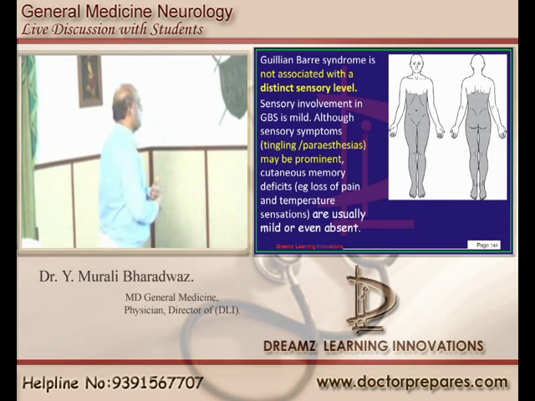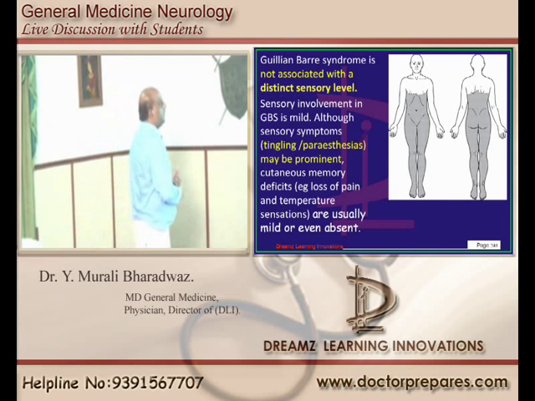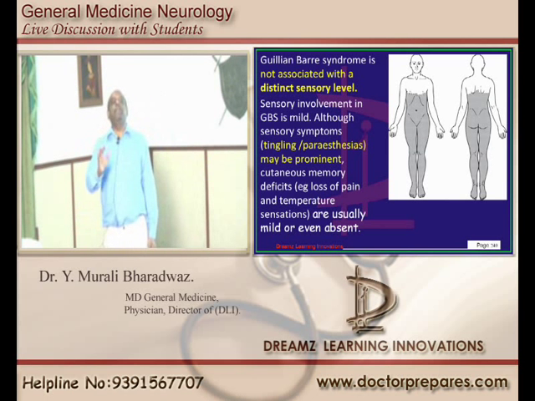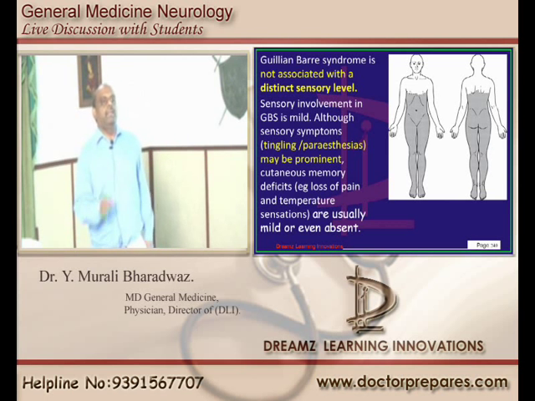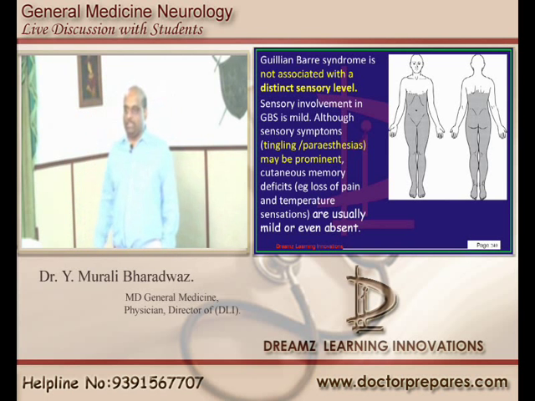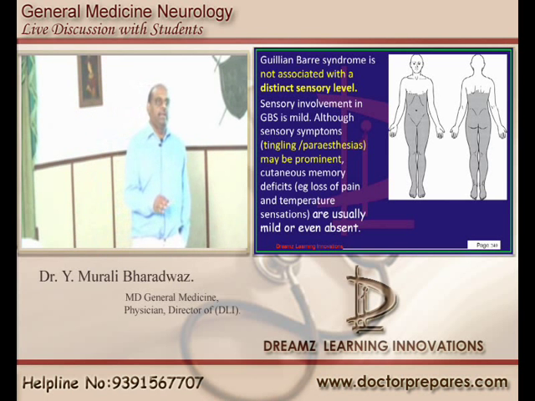Now comes the question, in which conditions do you have a definite sensory level? There is an entity called transverse myelitis. What is the meaning of it? There was a fever, due to a viral infection the whole spinal cord, through and through at a particular dermatomal level, got inflamed.